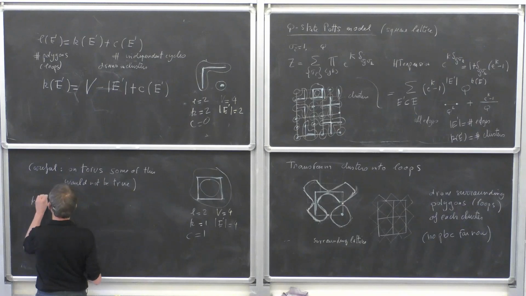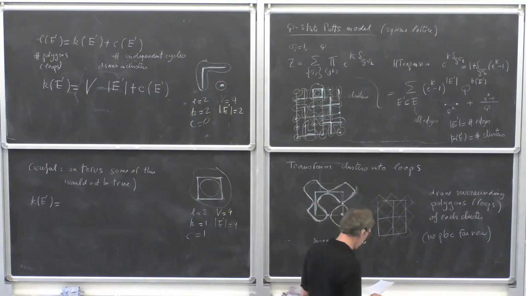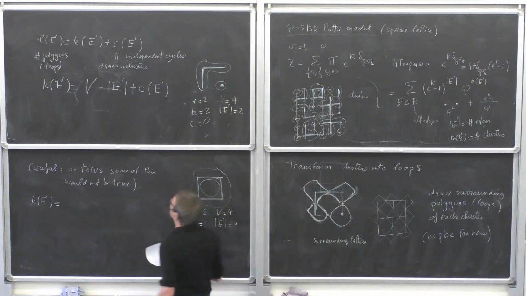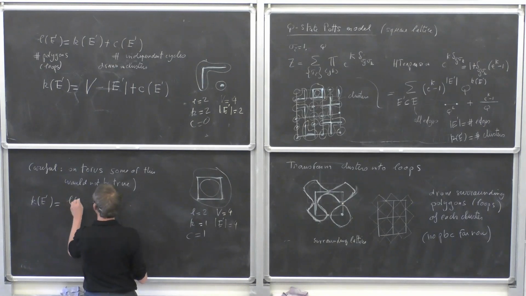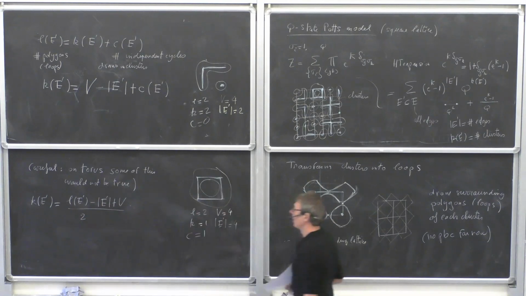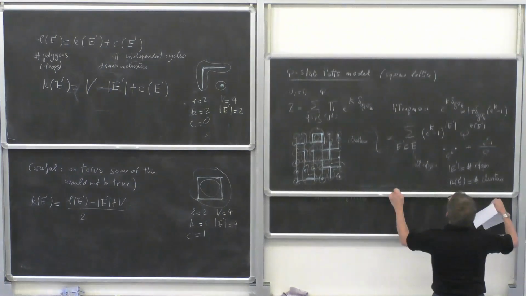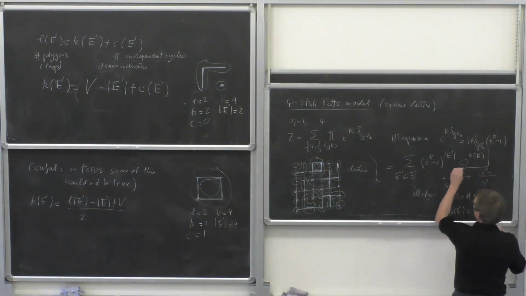clusters, which I didn't like because I didn't want to deal with clusters, I wanted to deal with loops, I can write it as L of E prime minus E prime plus V over 2. And now that's nice because I can reformulate my expansion, which was an expansion in terms of clusters.